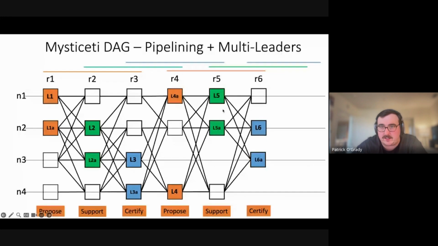I guess the question I had on this slide, just to align on the insight, is, if everyone's producing these, what do you call them? In each round, what are these blobs called? Let's just call them blobs.